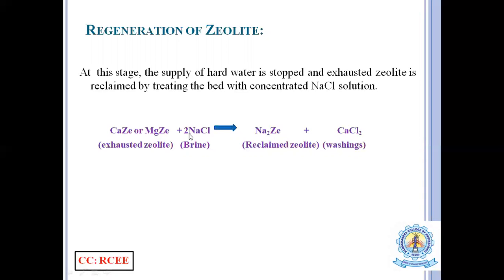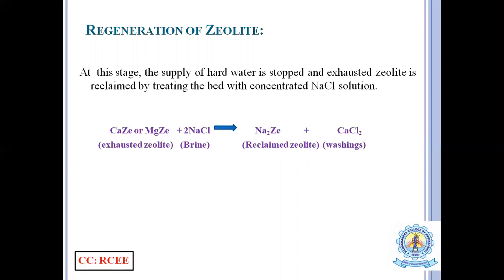When we treat with the brine solution, that is sodium chloride solution, the zeolite is again replaced by sodium ions, that is called reclaiming of the zeolite, and calcium chloride is formed. We can wash out this calcium chloride. So this is the process of regeneration of the zeolite. Again we regenerate the zeolite bed, and again we place it into the tank, and again we go for the zeolite process.